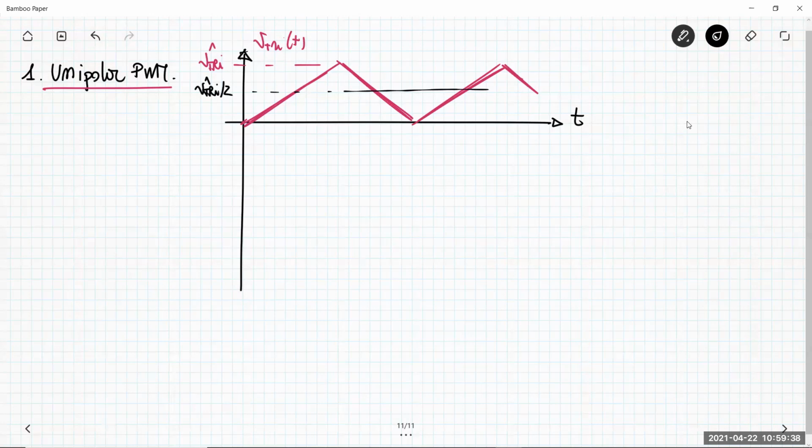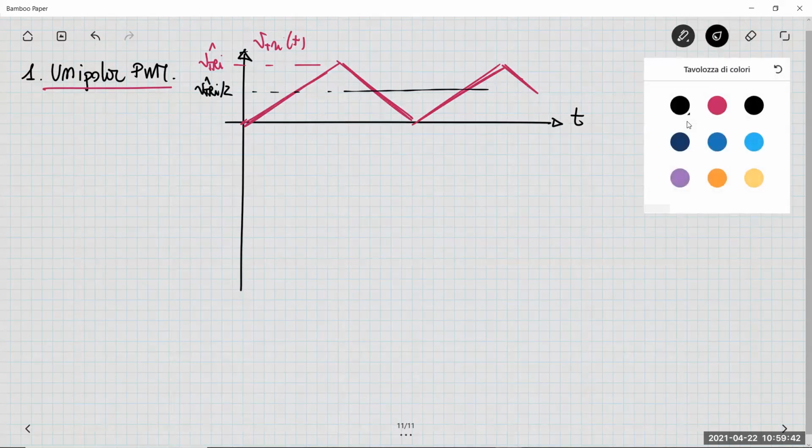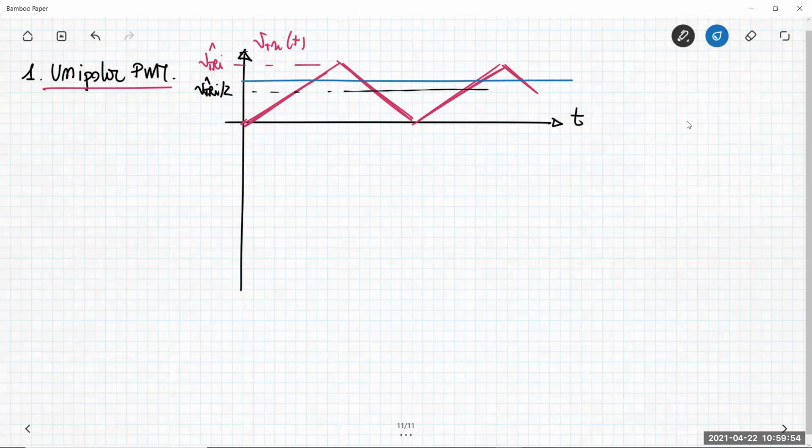Then we need the overall control voltage. The overall control voltage is the control voltage that drives the operation of the leg A. This always happens, both for unipolar and bipolar pulse width modulation. So let's suppose that this is the control voltage for the leg A.